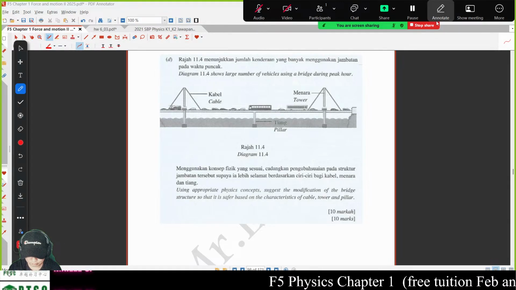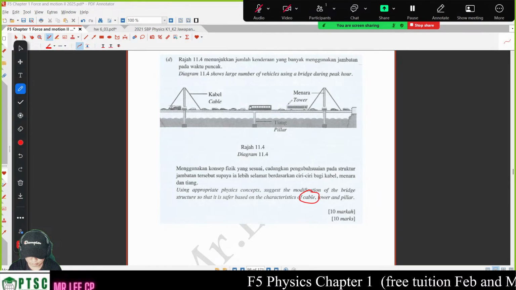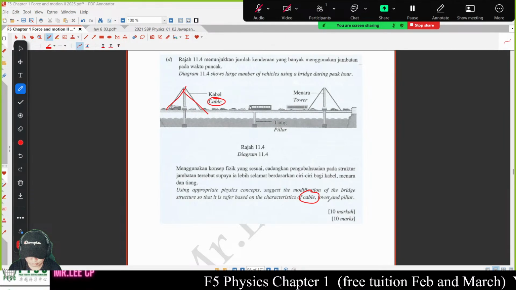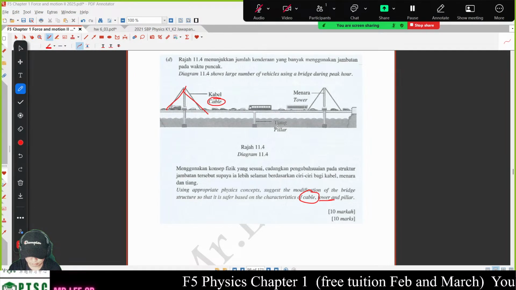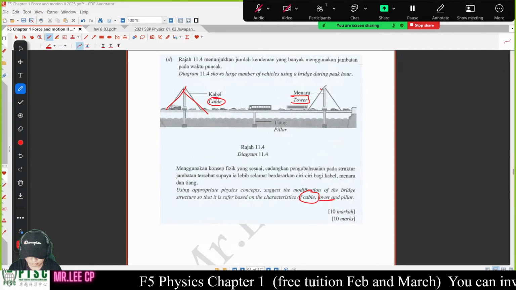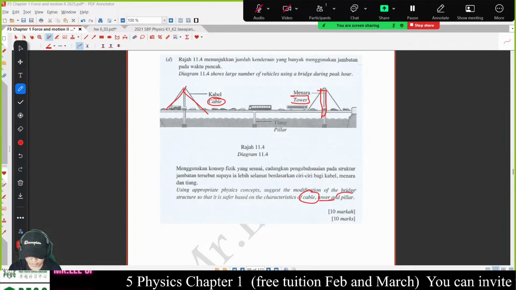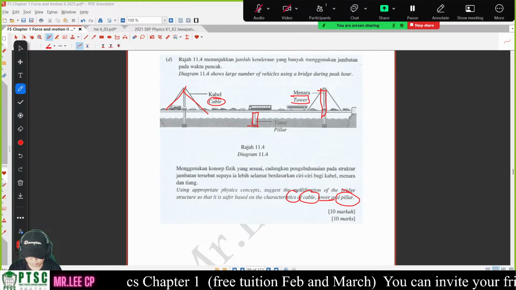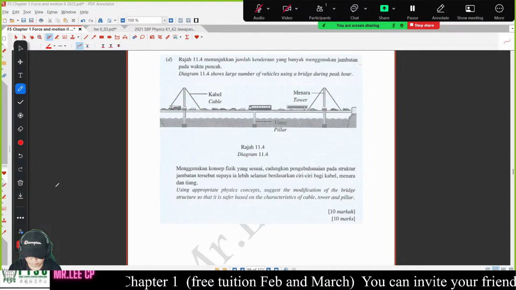The cable is here. The tower is here. The pillar is here. So they give 3 only.